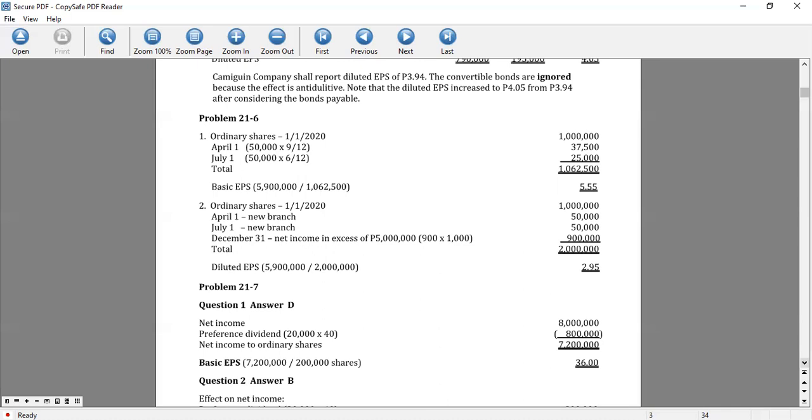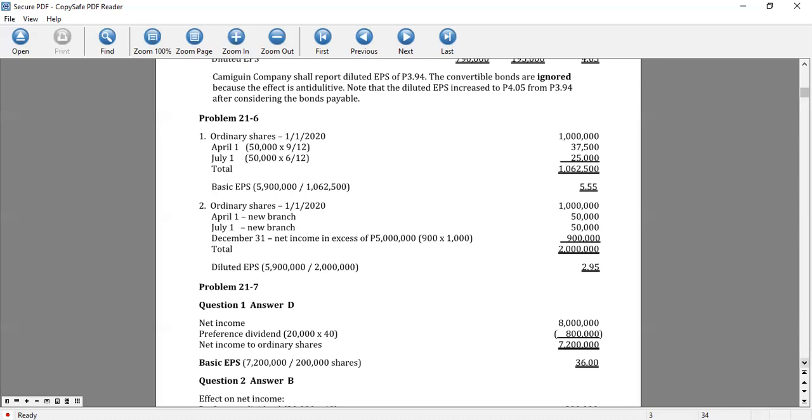The amount for ordinary shares is 1 million. On April 1, we have the additional shares issued of 50,000, multiplied by 9 over 12. And we have July 1, another 50,000 times 6 over 12, the number of months from July 1 to December 31 being 6.